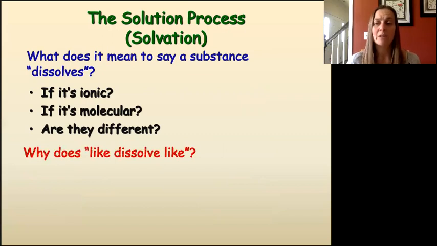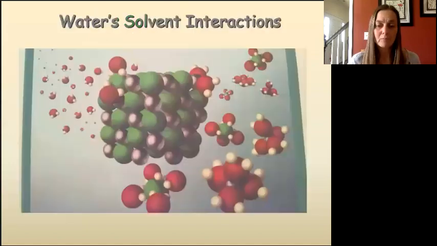Well, when we talk about the interactions of the solute with the solvent, when we dissolve something, we have a couple of factors working towards dissolving and a couple of factors working against dissolving. So we need to understand the strength of each of those factors so that we can decide whether or not something will dissolve.